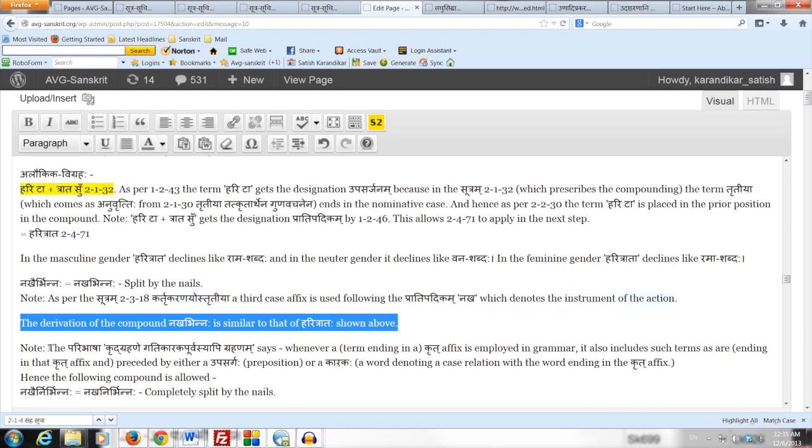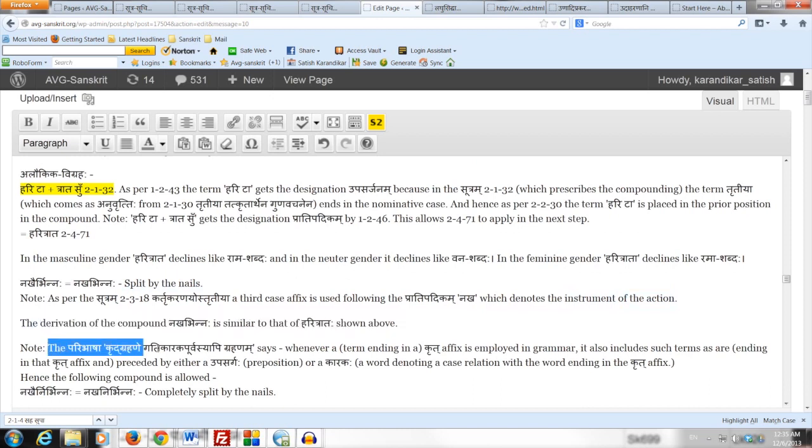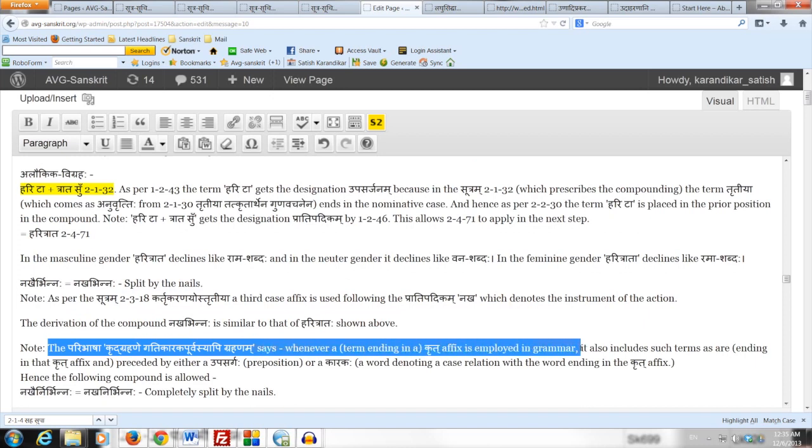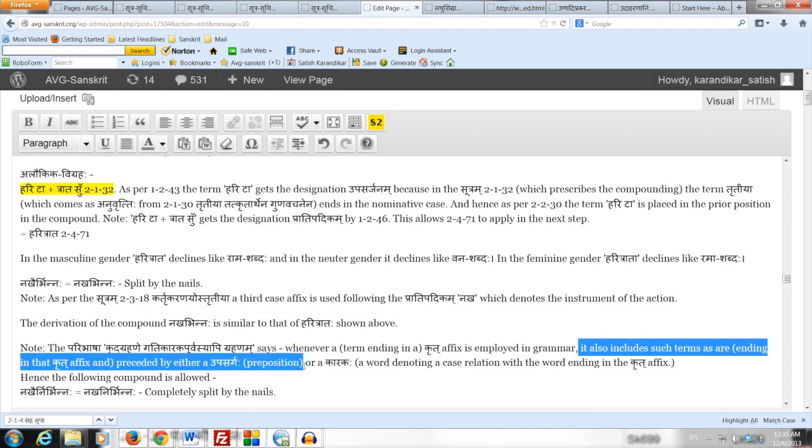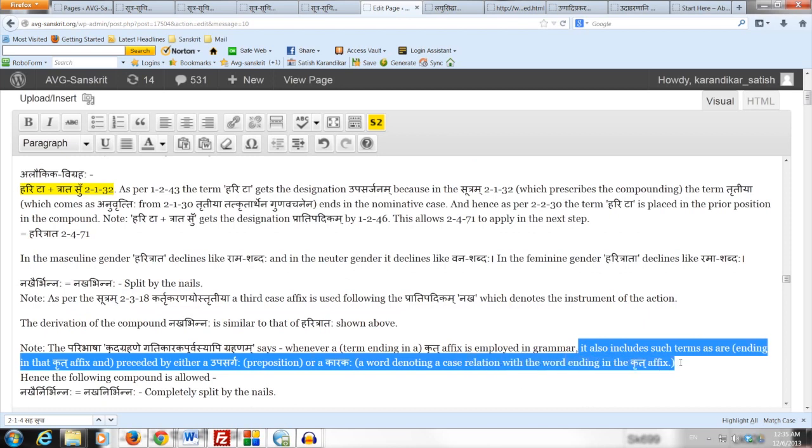The note here says that the Paribhasha Krit Grahane Gatikaraka Purvasyapi Grahanam says that whenever a term ending in a Krit affix is employed in grammar, it also includes such terms as are ending in that Krit affix and preceded by either an Upasargaha, a preposition, or a Karakaha, a word denoting a case relation with the word ending in the Krit affix.